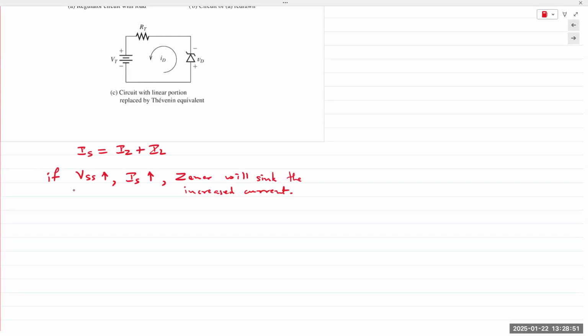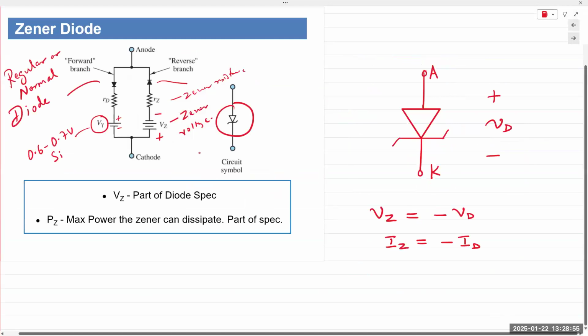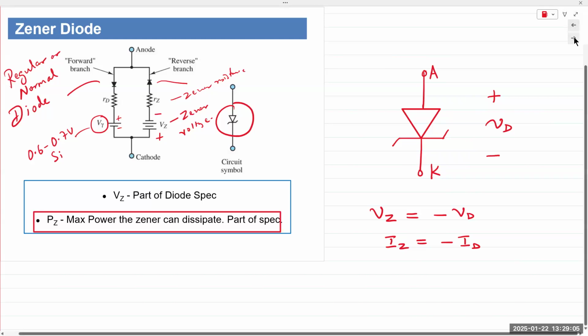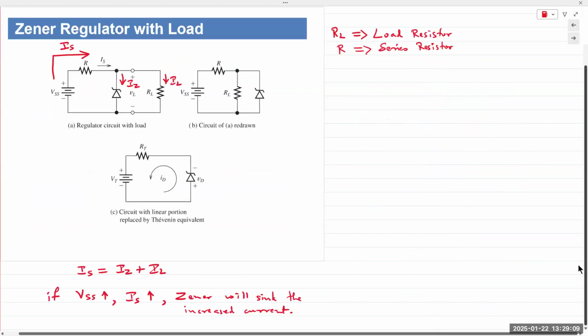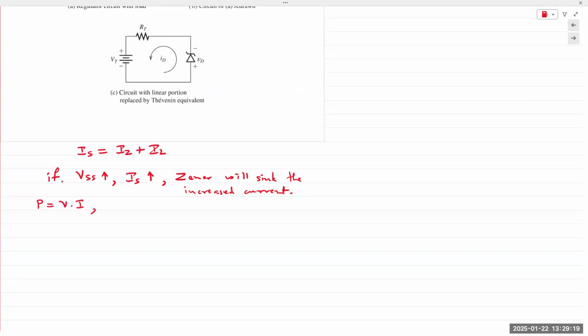And so as stated earlier in this slide right here, PZ is part of the spec, the maximum power that the Zener diode can dissipate. And this is the reason why it's important. So P is equal to VI, standard power equation.